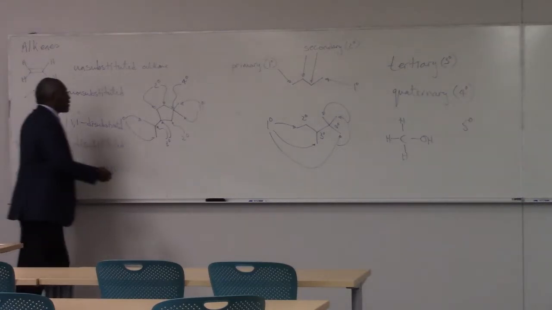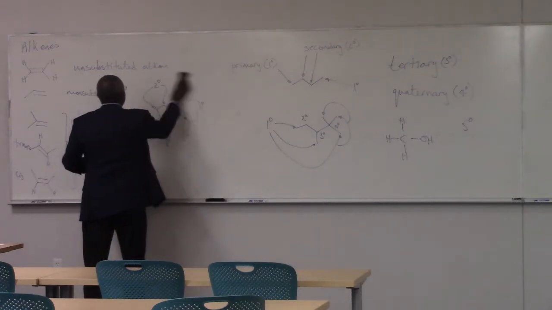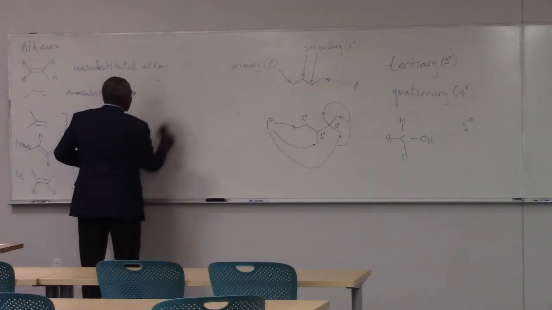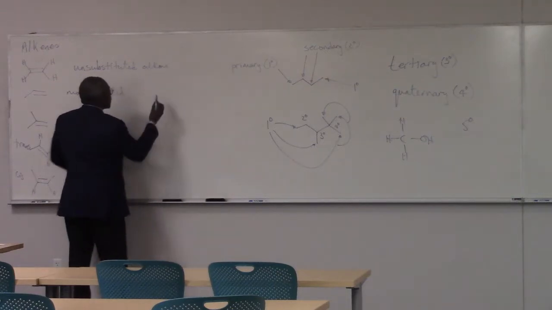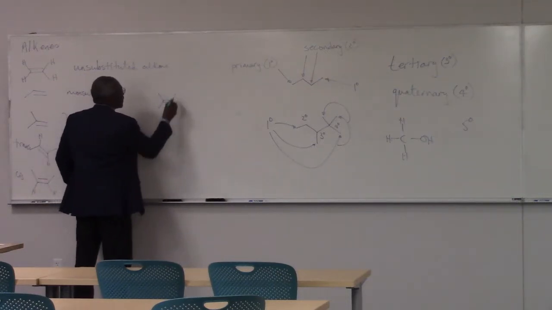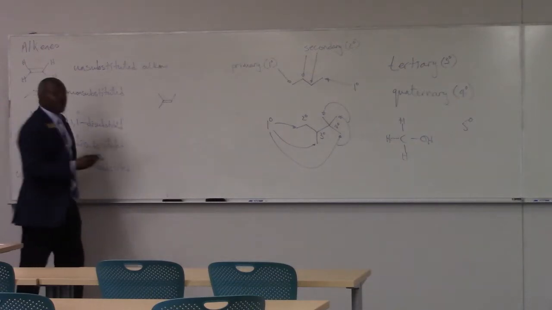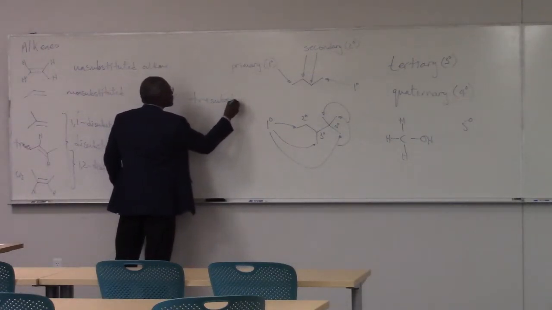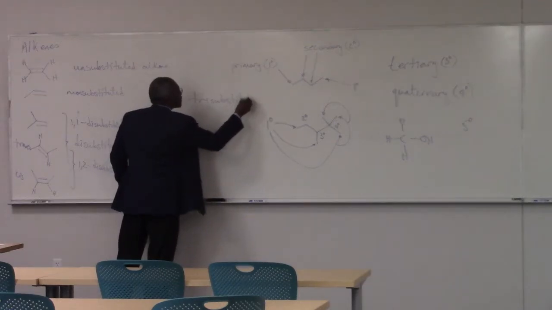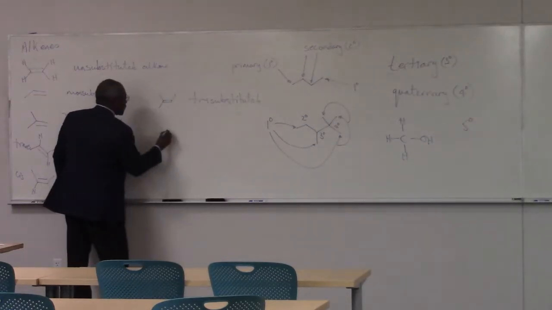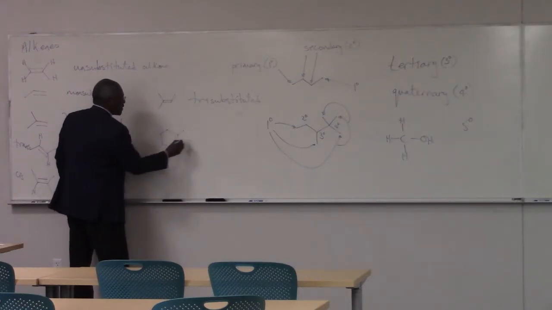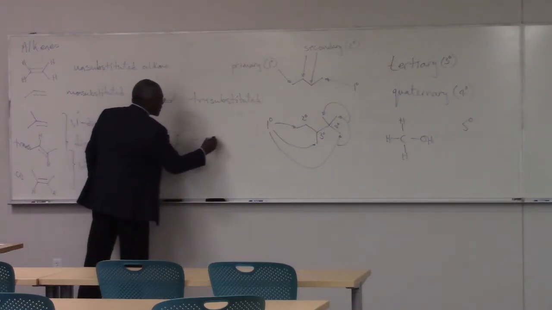It doesn't stop here, because I can have alkenes that are tri and tetra substituted. So this would be an example of a tri-substituted alkene. And this would be an example of a tetra-substituted alkene. Right? This is tetra-substituted.